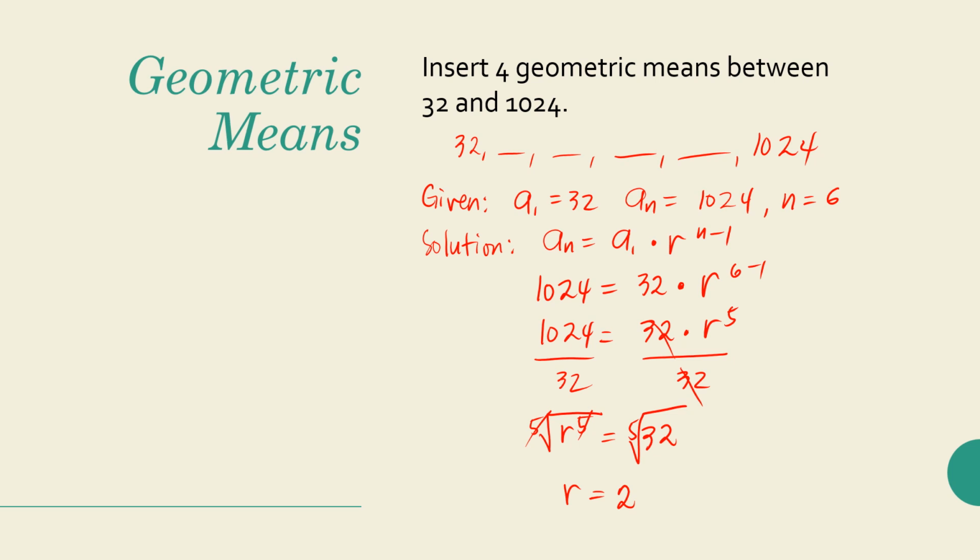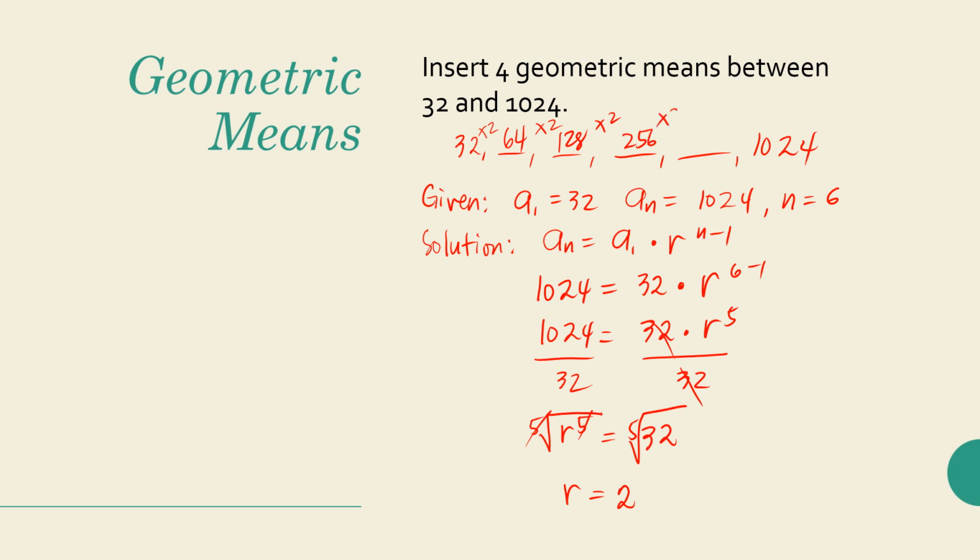So you have to multiply by 2. 32 times 2 is 64. 64 times 2 is 128. 128 times 2 is 256.